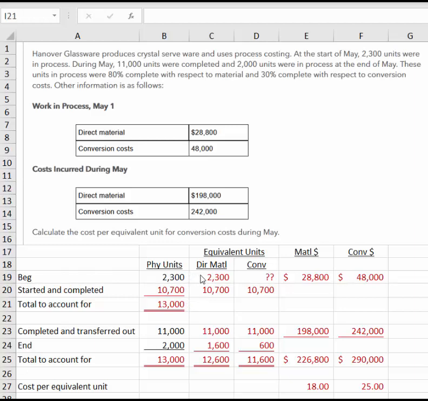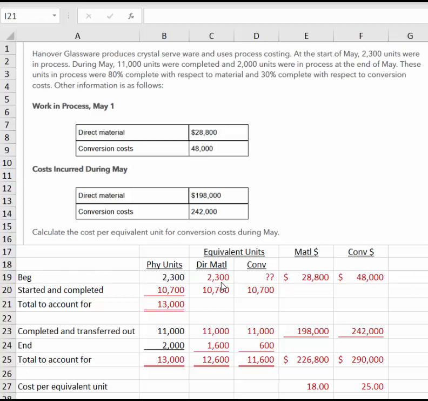Then you would figure out, well, how much of the 2,300 was equivalent units from beginning? Well, we don't know this. I'm just assuming that all of the units were complete as to material at the start of production. The only reason I'm assuming that is lots of production environments work that way, based on my own personal experience.